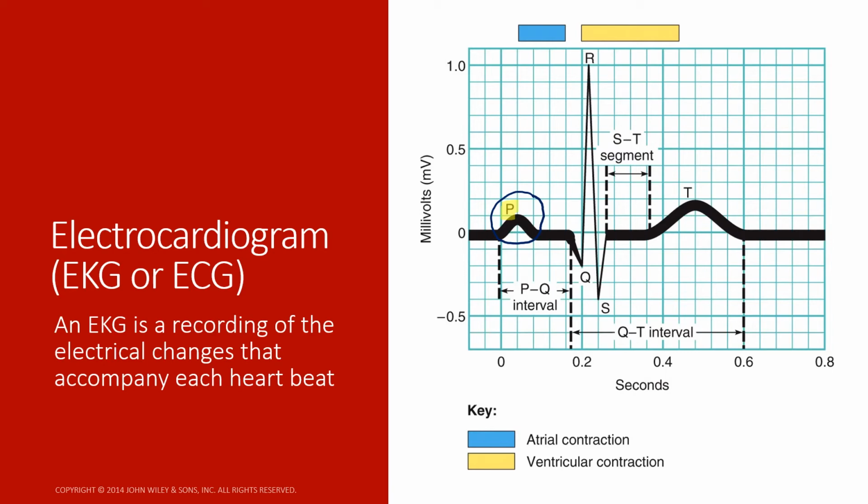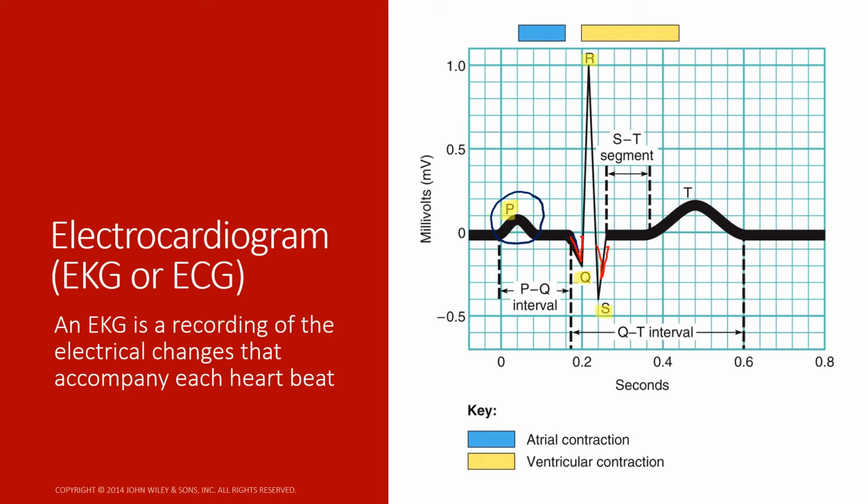Now the next wave is called the QRS complex. So this begins as a downward deflection. You can see this right here is a little downward deflection of the Q, and then it continues as this really large upward triangular wave and then ends in another small downward wave here.